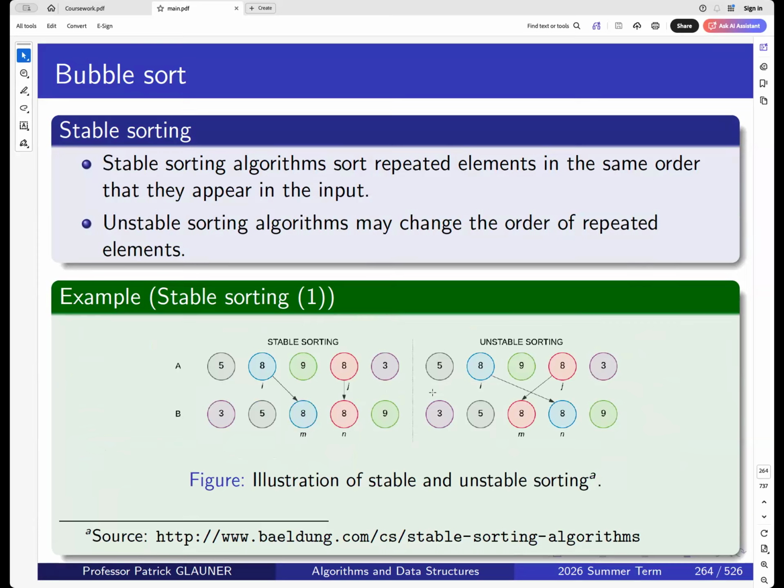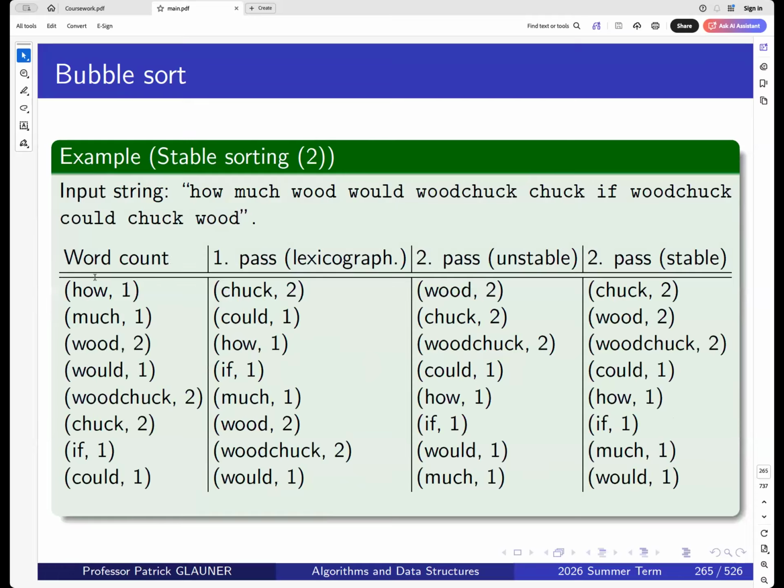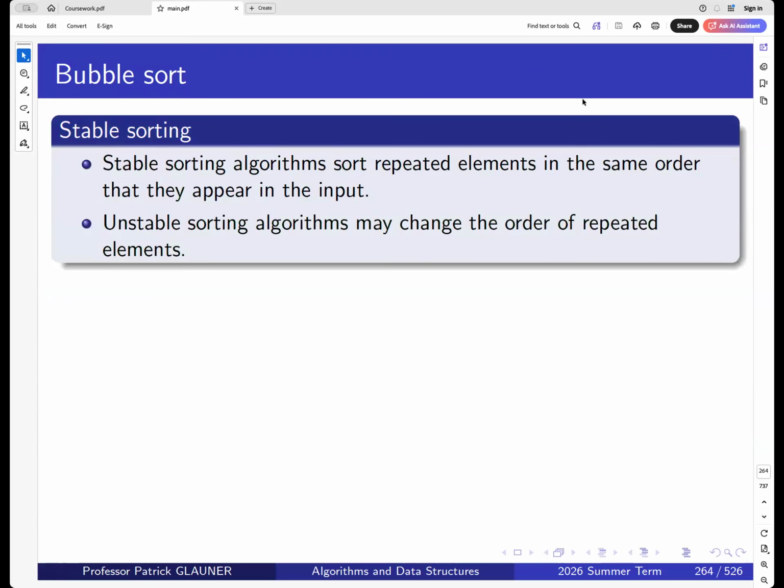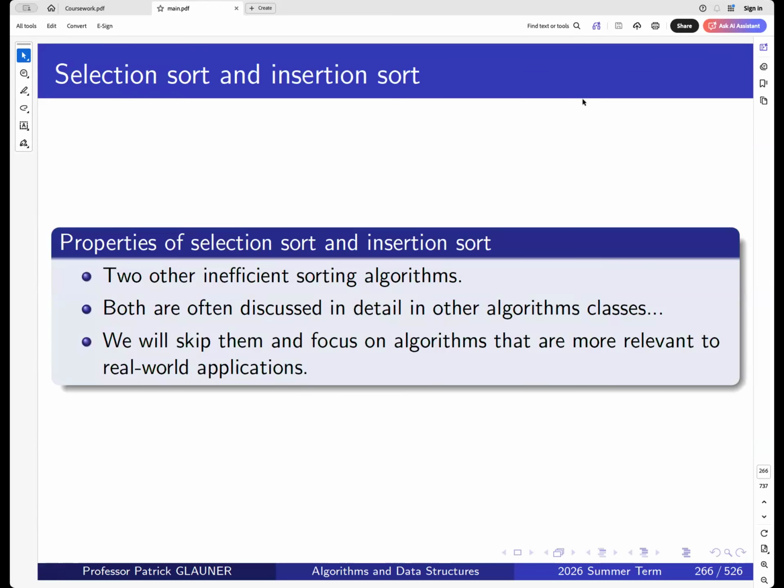With an unstable one, I have the right result, but I have flipped these two 8s, and that would be an unstable sorting, which for integers doesn't make much of a difference, but it appears for objects that have multiple values, and then I sort based on one criterion, then on the next criterion, and so forth. So that's the difference between stable and unstable sorting.